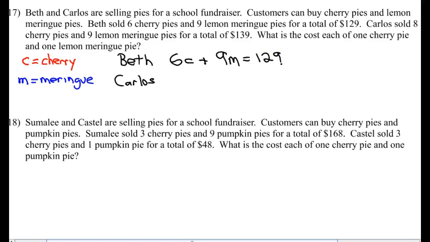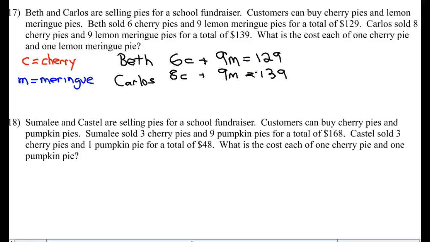Right? So you see how the structure looks very similar to what you were just solving. It shouldn't be much different from what you already know. Same thing here with Carlos. 8 cherry pies, and again 9 lemon meringue, and that's 139. And then you just need to solve it just like the ones above.